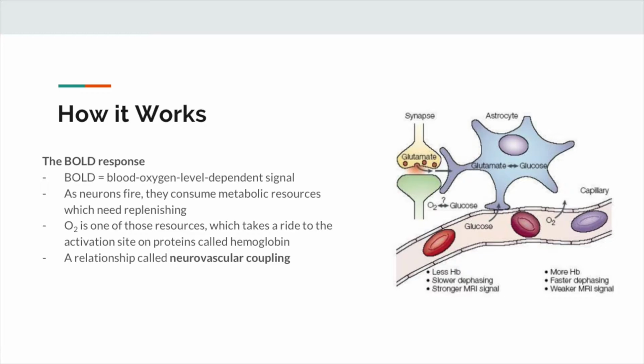As neurons fire in your head, they consume metabolic resources, which then need replenishing. Oxygen is one of those resources, and that takes a ride on the protein called hemoglobin to the local activation sites where neurons are firing. And this relationship between the vascular dynamics and the neuronal firing is called the neurovascular coupling.